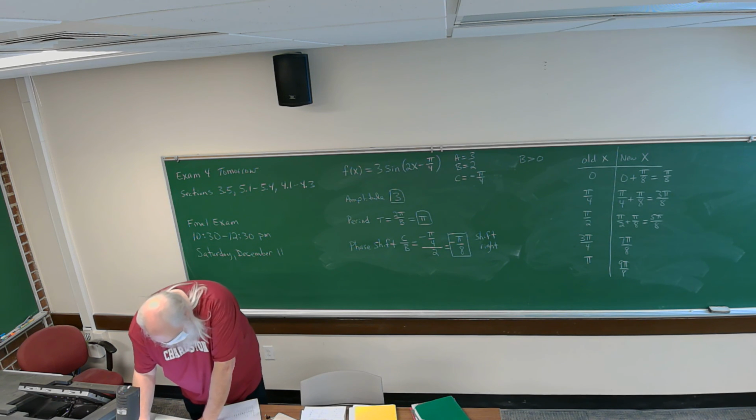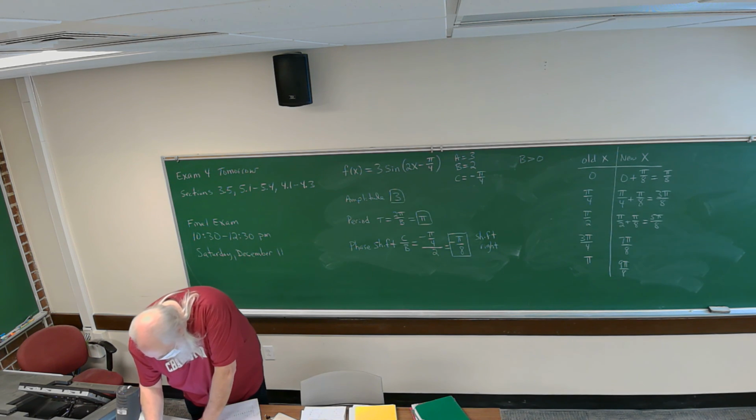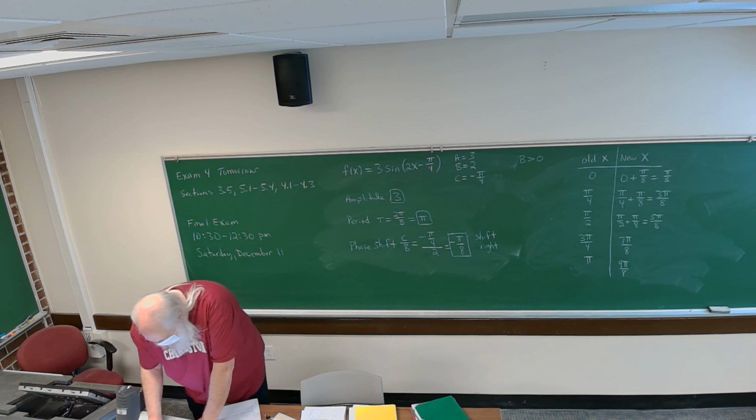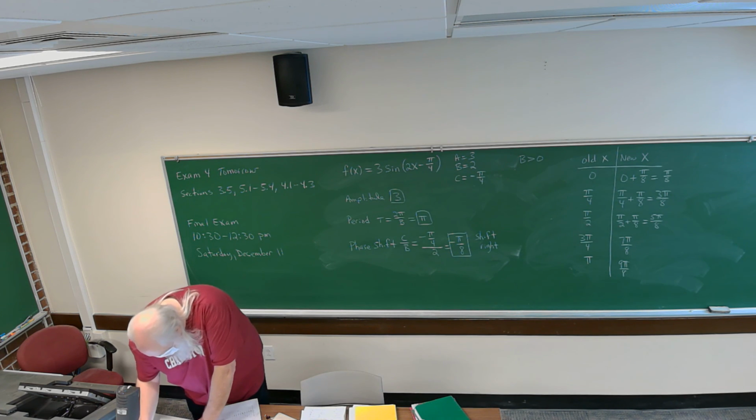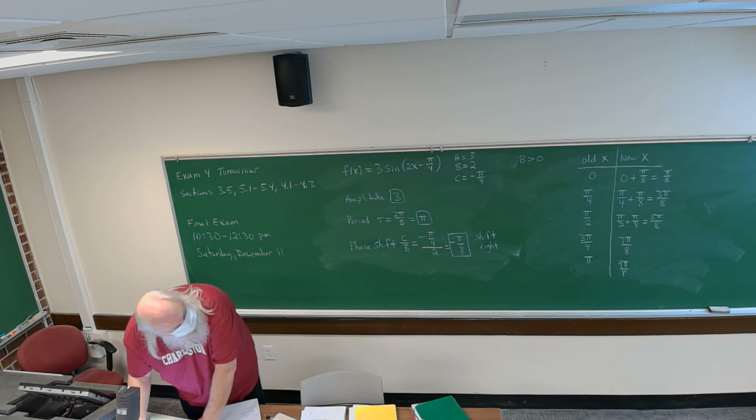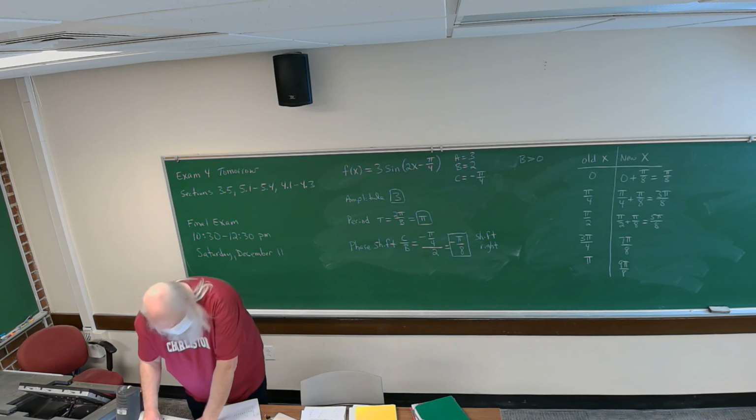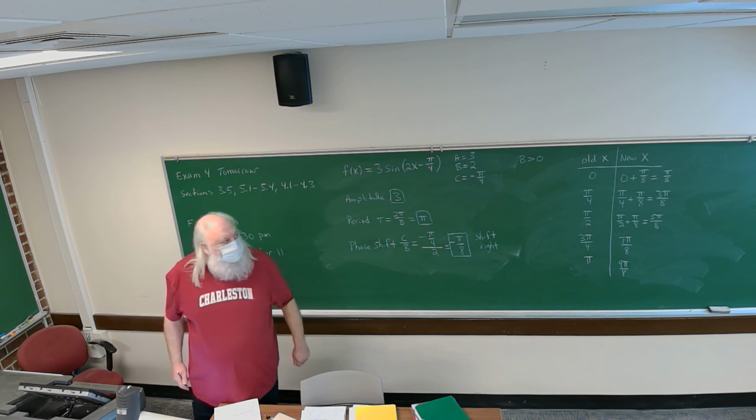And where's the maximum located at? 3 pi over 8, 3. Right? It's asking for the coordinates. And where's the minimum at? 7 pi over 8, minus 3. There you go. And we've successfully graphed that transformed sine function.